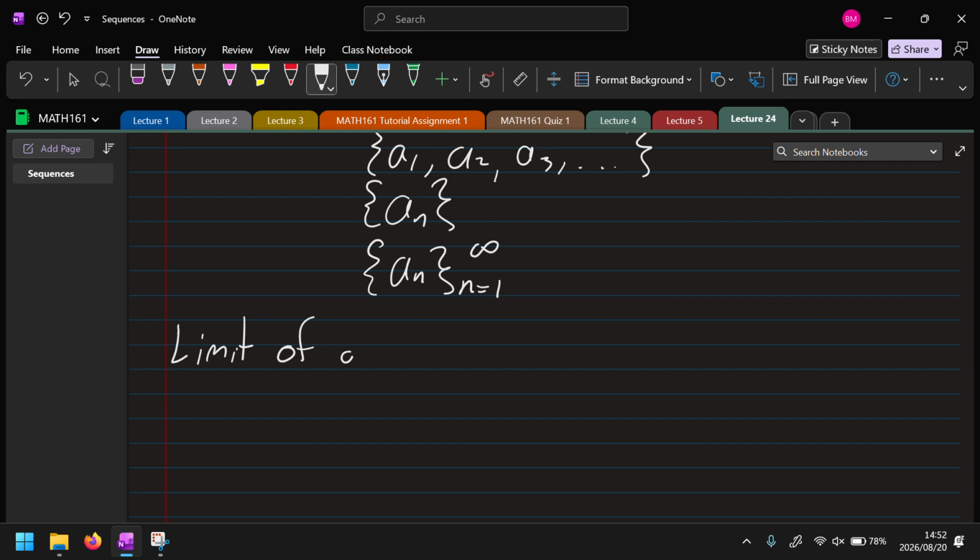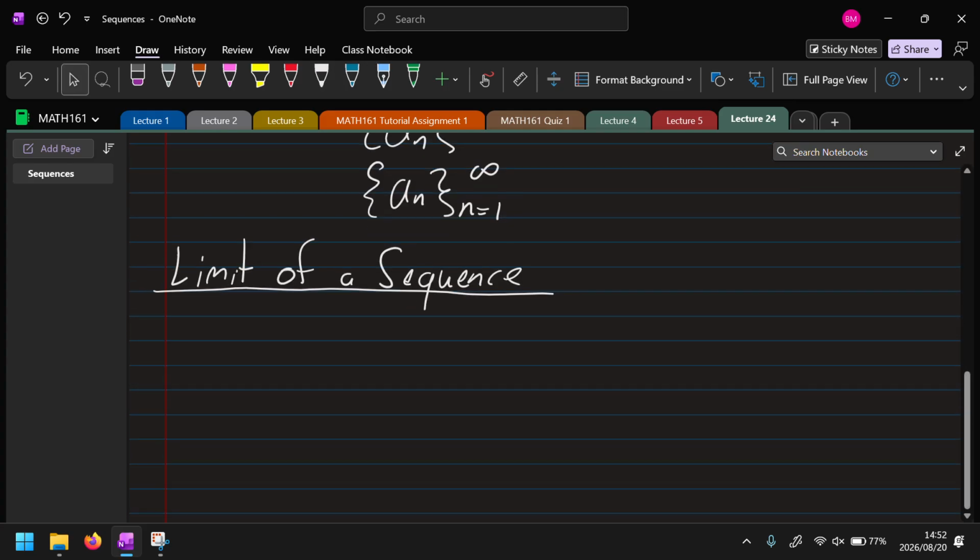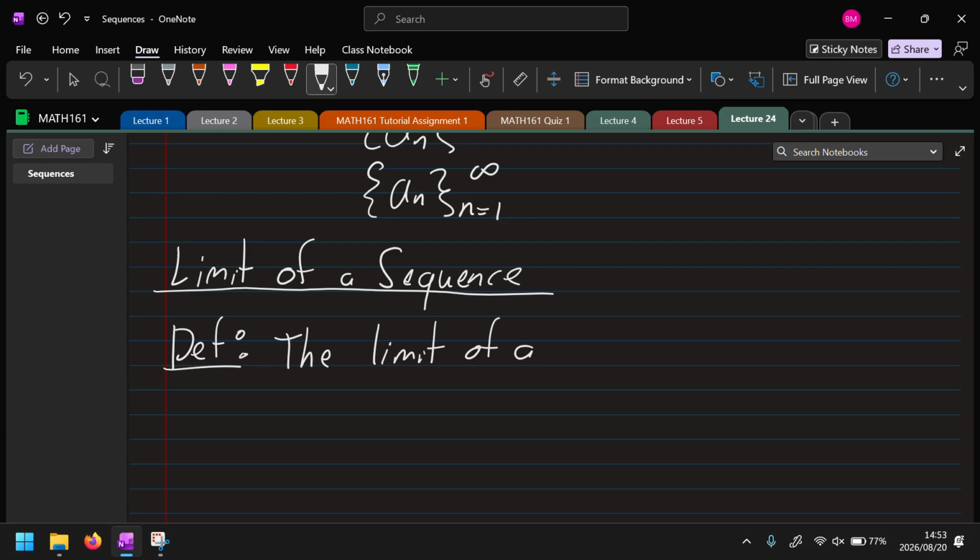The limits of a sequence. Definition. The limit of a sequence, sometimes called the limiting value of a sequence, or limiting point.